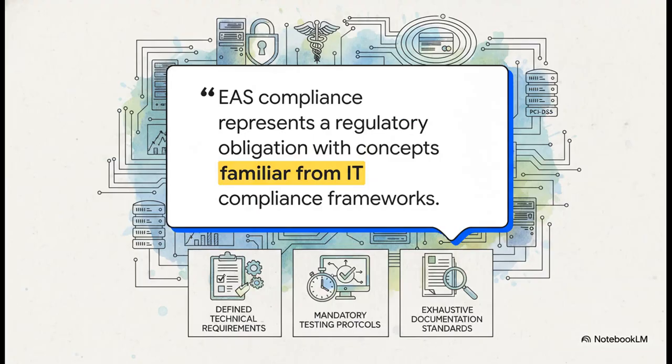And right here, we see this fantastic connection to the IT world. If you've ever had the pleasure of dealing with compliance for things like SOC 2, HIPAA, or PCI DSS, then the principles here are going to feel very, very familiar. EAS compliance is all about defined technical requirements, mandatory testing, and exhaustive documentation.